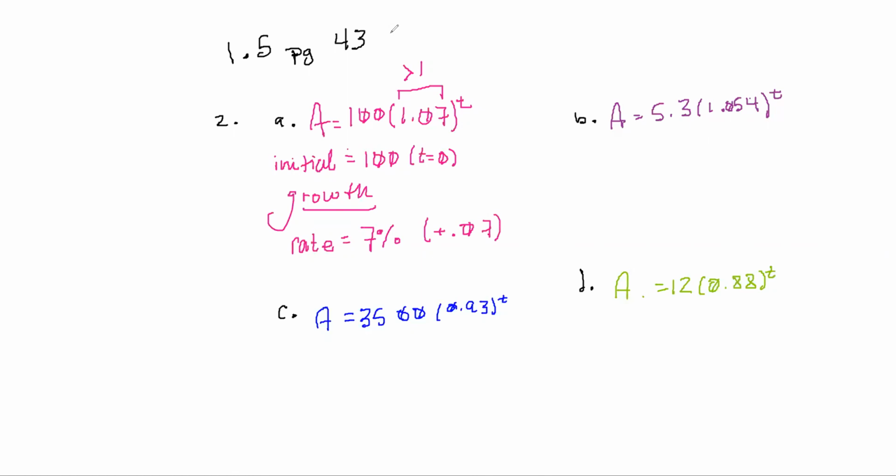Awesome. Okay, so we're going to use that same methodology for this part. We're going to find out what our initial value is. Our initial is going to be when t is equal to 0. So this chunk here is equal to 1, and we get 5.3, exactly.